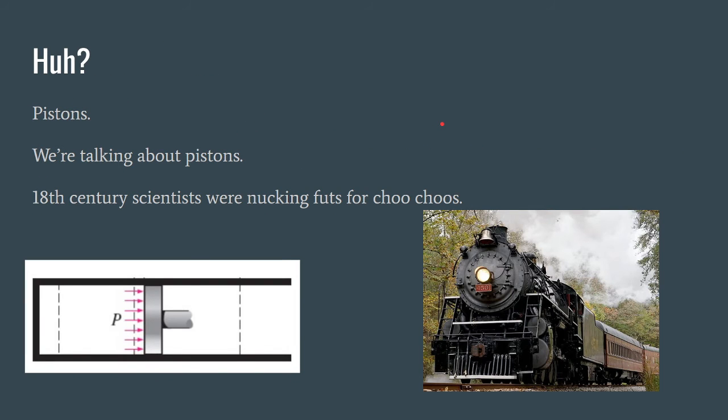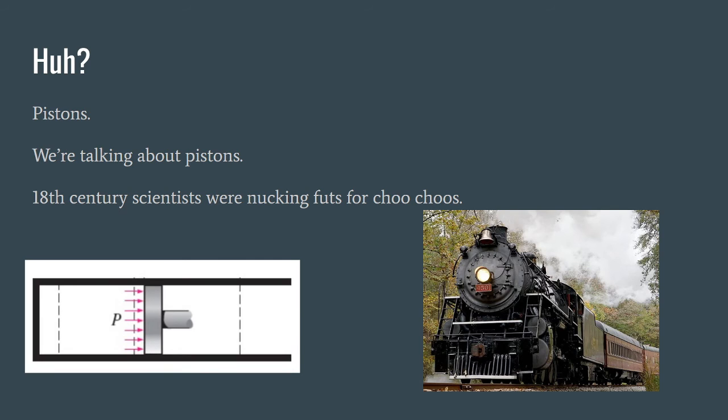So the reason we're talking about this is largely because of pistons. In the 18th century and 19th century, physicists loved steam engines. They were the workhorse of the 18th and 19th centuries. They were powerful, they drove the world forward, and they depended upon changing volumes in gases.